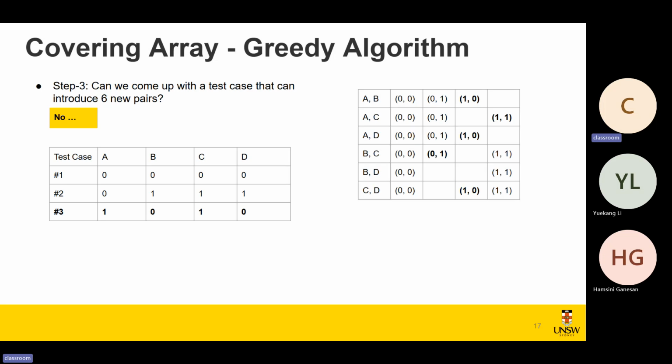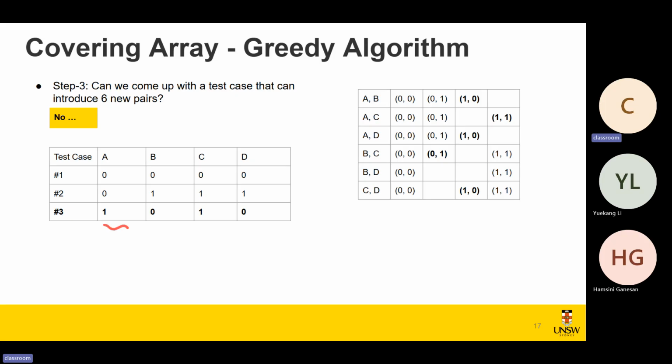If we take the value of C to be 0 here, we are repeating 0, 0 for BC. If we take the value of C to be 1, then we may repeat the value of some other things. So let's assume that we take this test case 3 here.